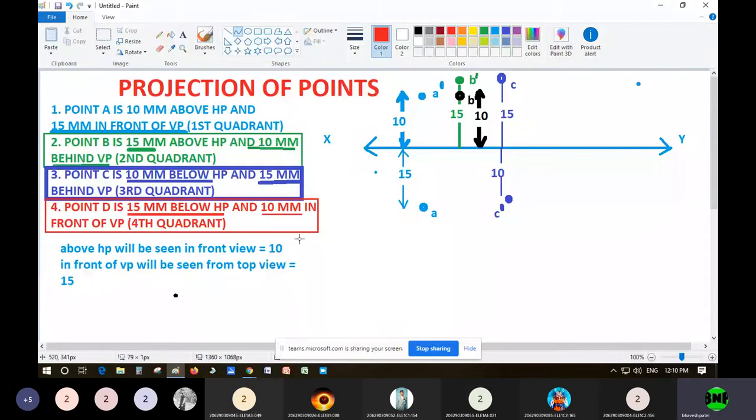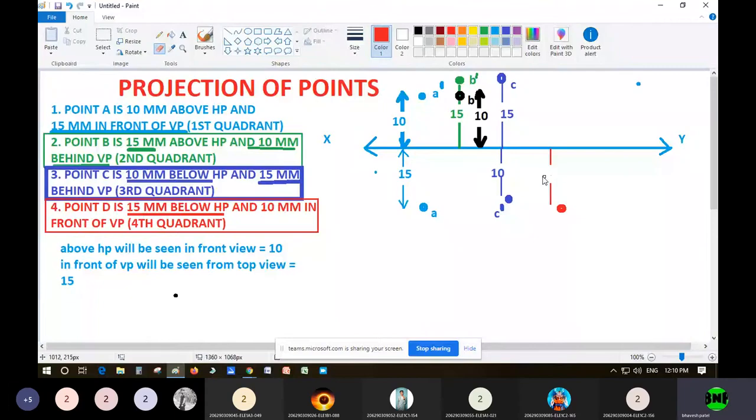So let me consider it. 15 mm. So let me draw the point. The distance should be 15 mm below xy. Remember, the distance should be 15 mm below xy. So see, I am writing the distance on the side.